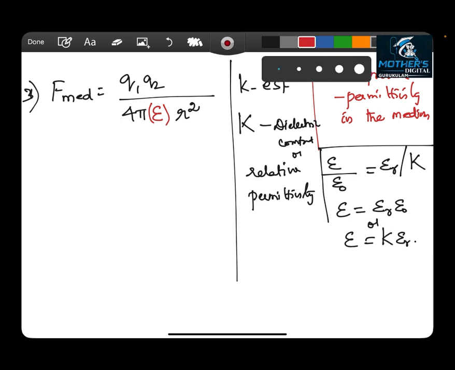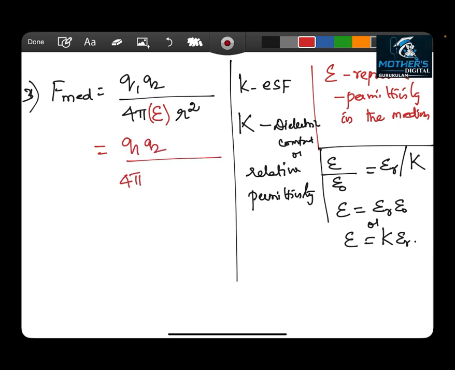So here I'll rewrite this expression as Q1 Q2 by 4 pi, instead of epsilon, I'll write K times epsilon naught, R square. So this is the formula to be used when you place the charges in a medium. So if the charges are placed in vacuum, simply it is 1 by 4 pi epsilon naught Q1 Q2 by R square.